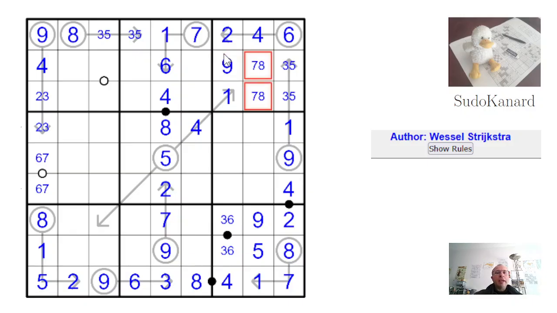This is 7 and 8. Now this is 1 and 3, but 3 would put a 2 here, so this is 1, this is 4. Now I need 3, 6, and 7.